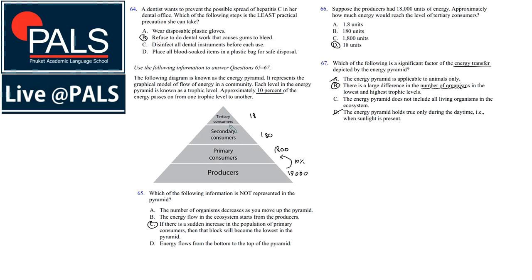The tertiary consumer level usually has very few organisms, small population size, whereas the producer level usually has a large population size, just because of the amount of energy that's available on the trophic level. So B should be the correct answer.